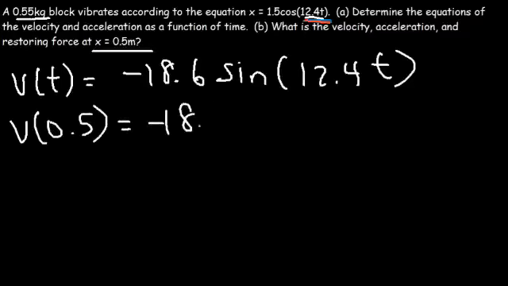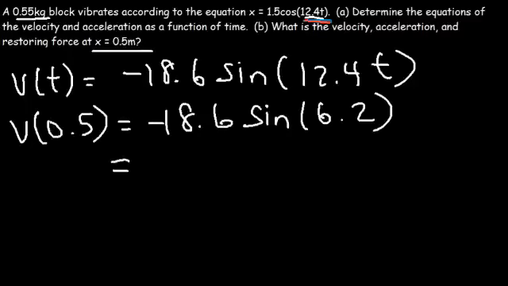So that's negative 18.6 sine of 12.4 times 0.5, that's going to be 6.2. Make sure the calculator is in radian mode for this to work. Sine of 6.2 in radian mode is about negative 0.083. And if you multiply that by negative 18.6, the velocity at this point is 1.545 meters per second.